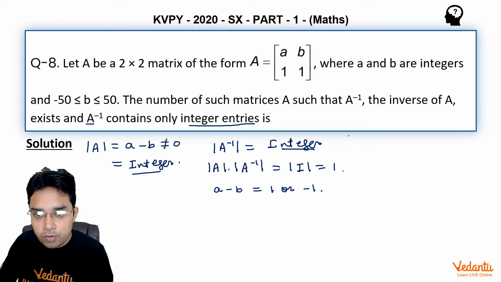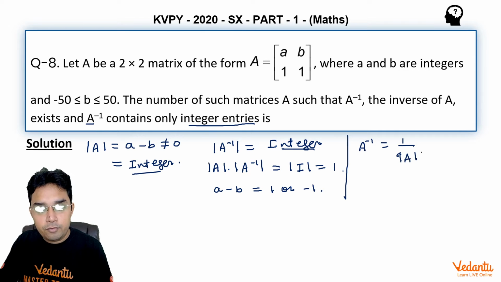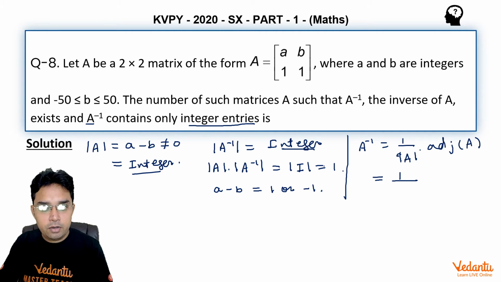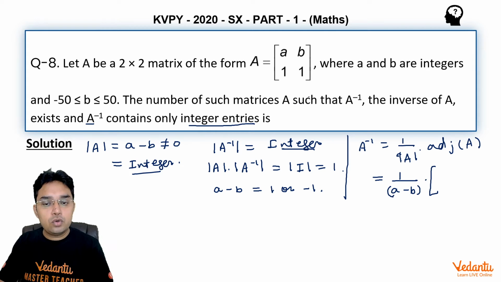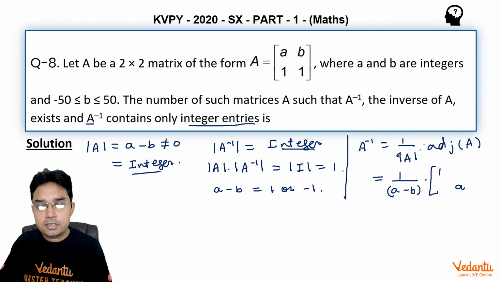Now let me tell you one more way of looking at this. A inverse, as we all know, is 1 upon determinant of A into adjoint of A. Now 1 upon determinant of A means a minus b in the denominator, and the adjoint of A for a 2 by 2 matrix is direct: you interchange the diagonal entries and put a minus sign on the other entries.